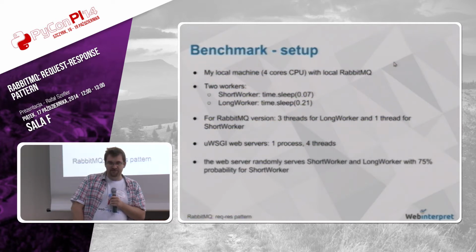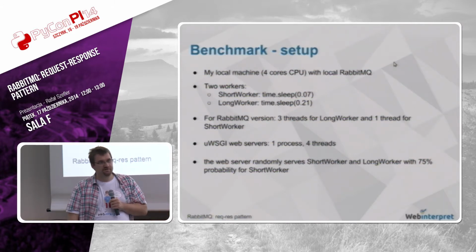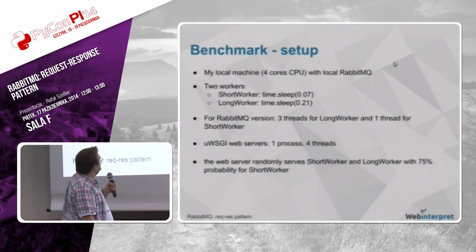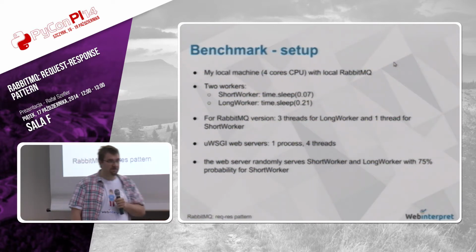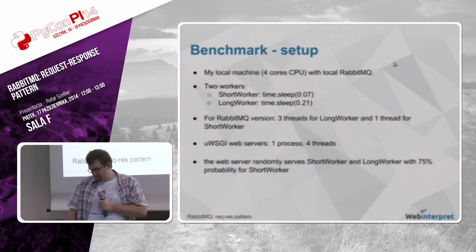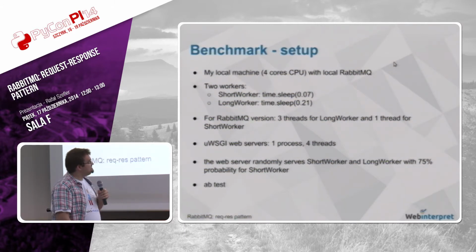And the implementation is that the web server randomly takes one of the workers and passes a message to it. These workers are taken with 75% probability for the short worker. So the short worker occurs more often. And I've used A/B test. So let's have a look at numbers.